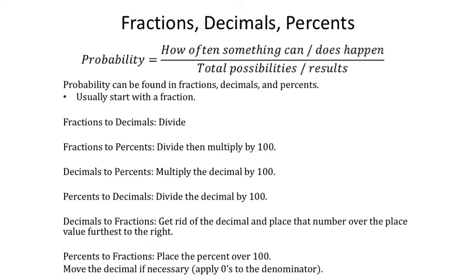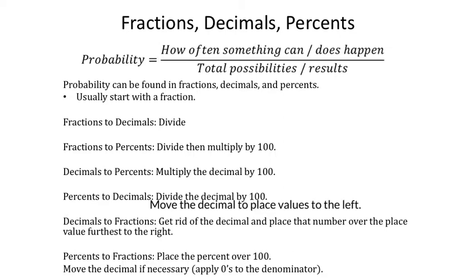So let's go back, and we've got to figure out how to change fractions, decimals, and percents. Now, there is a process to these. If you wanted to change a percent to a decimal, down here in this one, percent to decimal, you could just move the decimal 2 place values to the left.